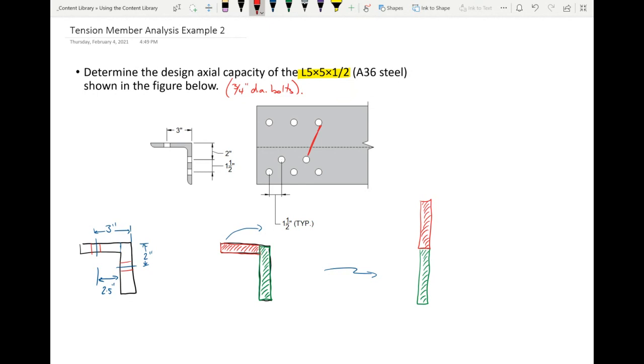Does that make sense? We're going to do all the math with the dimensions and figure out the dimensions and all that stuff in a bit. I just want to make sure that the concept makes sense. If anybody has any questions, let me know. We're unfolding the angle, basically.